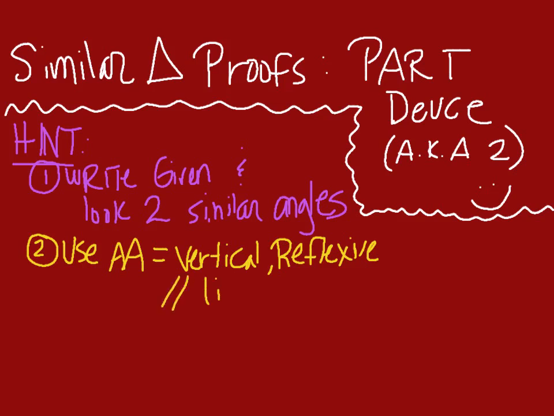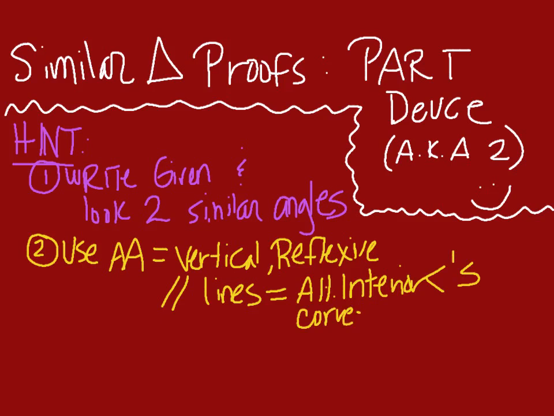If you have parallel lines in the given, what that means is that you probably have alternate interior angles that you can mark, or you may have corresponding angles that you can mark. I'm not saying that all of these are in every picture that you use, but these 4 are the most common, probably the only ones that you're going to use in your proof.